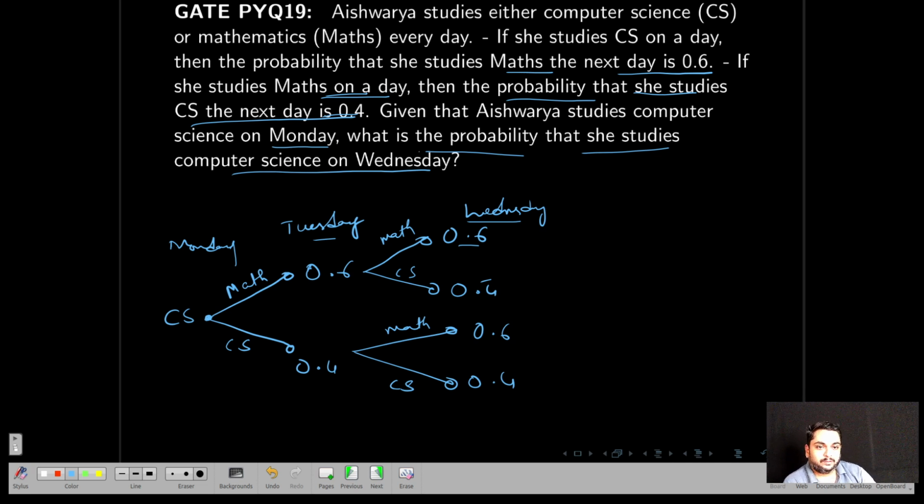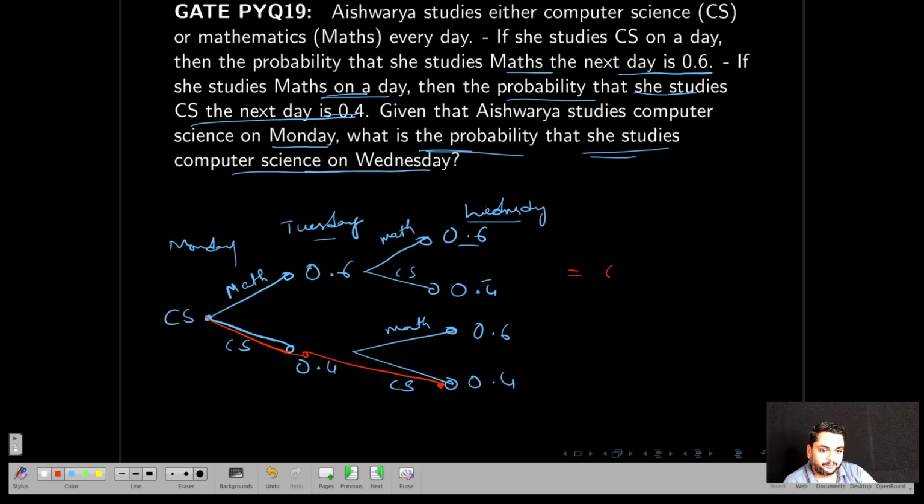Now, what is the probability that she studies computer science on Wednesday? On Wednesday, which are all the computer science branches? So she starts with CS. Okay, take the other color. Monday she starts with CS, then Tuesday CS again, then Wednesday also CS.